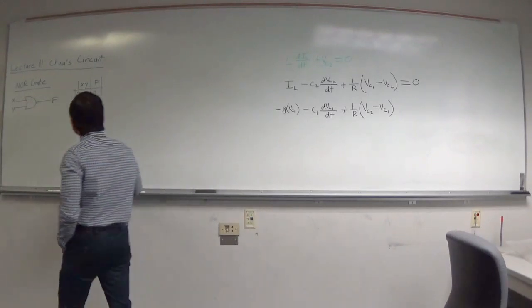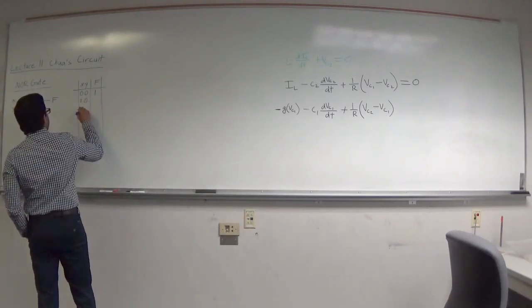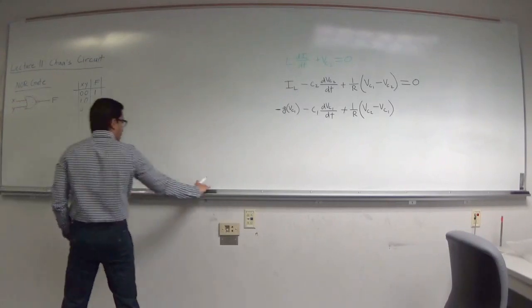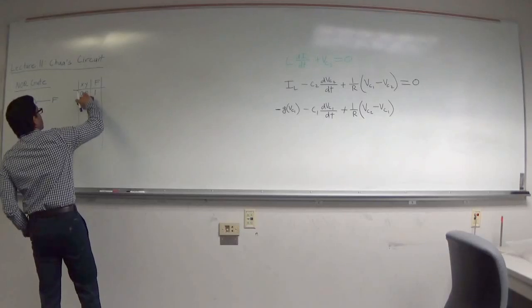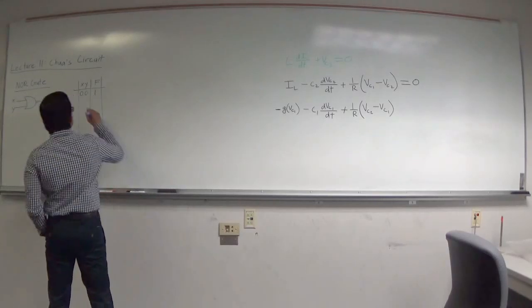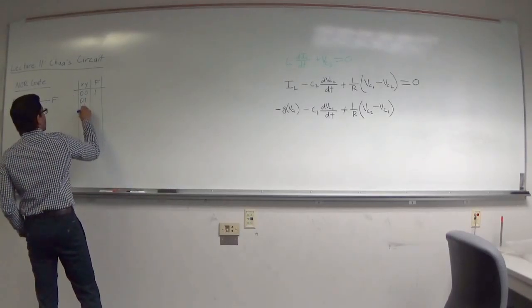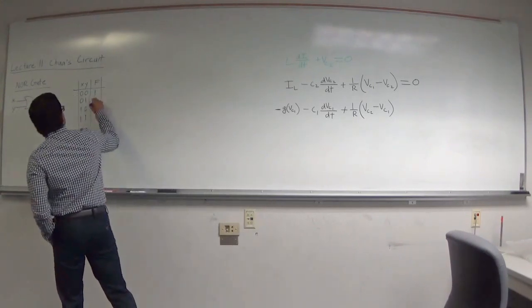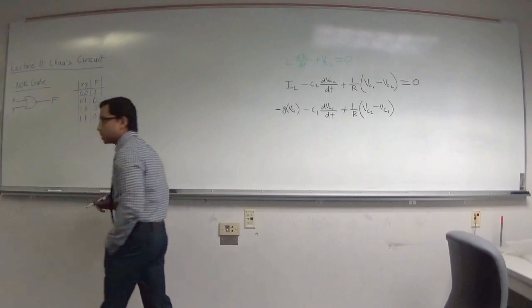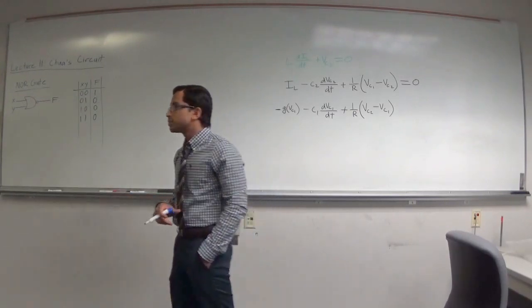And then for all other inputs, it's going to be 0. So that's why it's called a NOR. Except I should put 0, 1 here, just to keep with the binary. So these inputs are going to be 0.